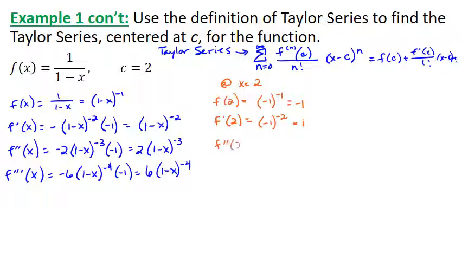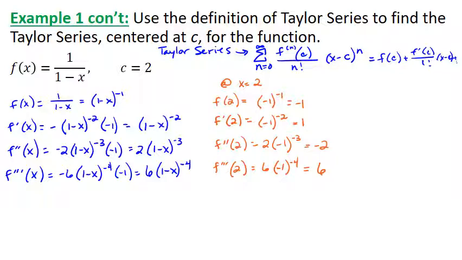F double prime of 2, plugging 2 in here, I have 2 times negative 1 to the negative power of 3. This results in a negative 2. Finally, f triple prime of 2 gives me 6 times negative 1 to the negative power of 4, which gives me 6.